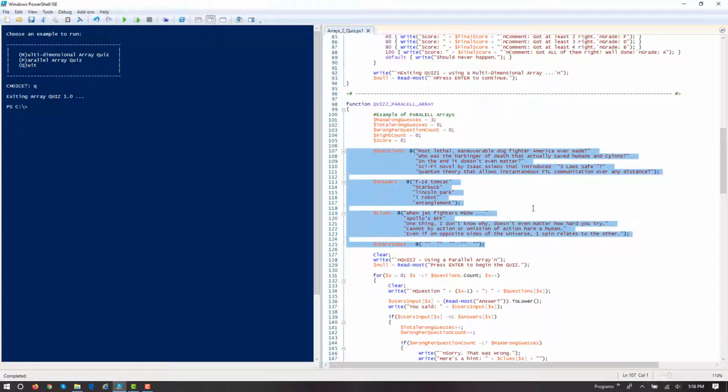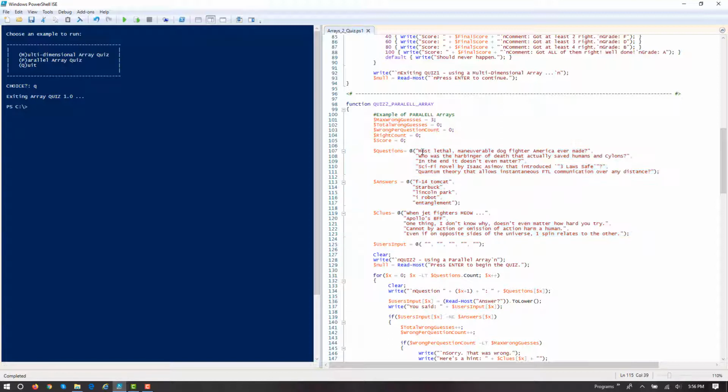And each of those arrays has to maintain a relationship, a parallel relationship. Each element in one array has to correspond to all the other elements in the same position, the same subscript value and index value of all the other arrays, right? So in my first array of questions, the most lethal maneuverable dogfighter America ever made has to correspond to F-14 Tomcat.